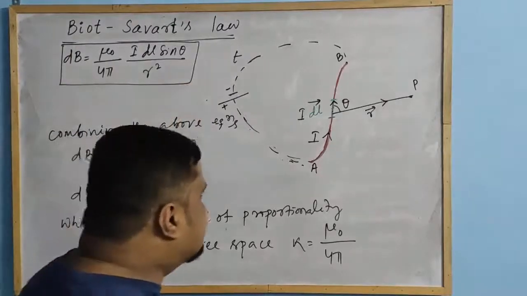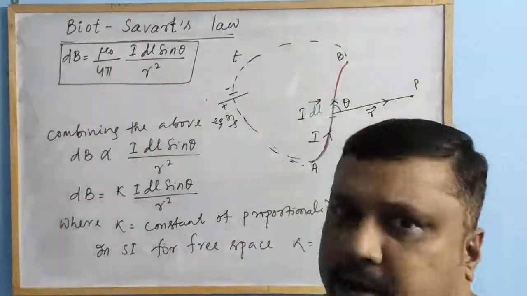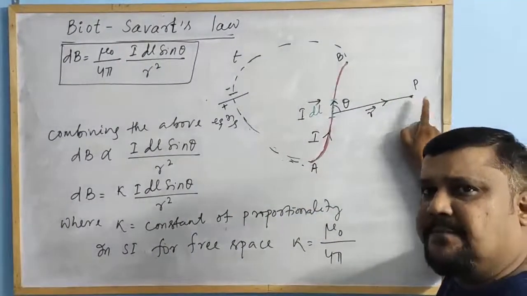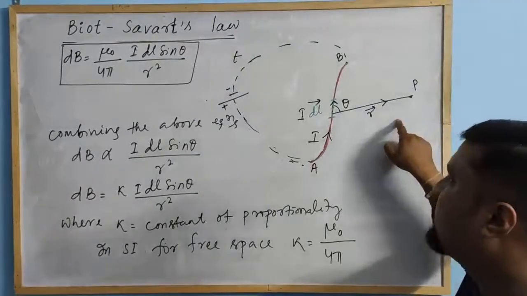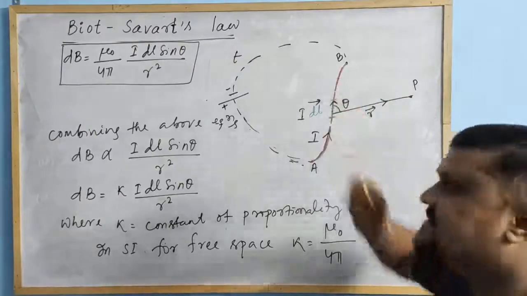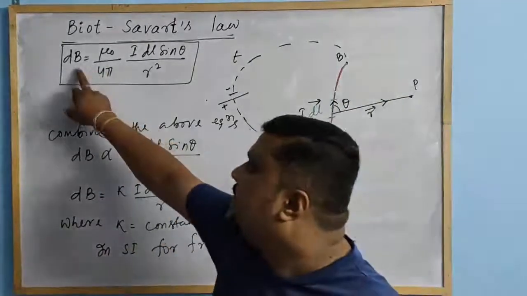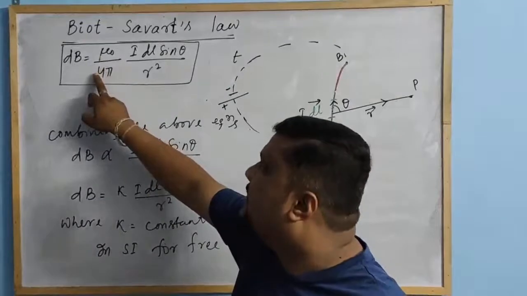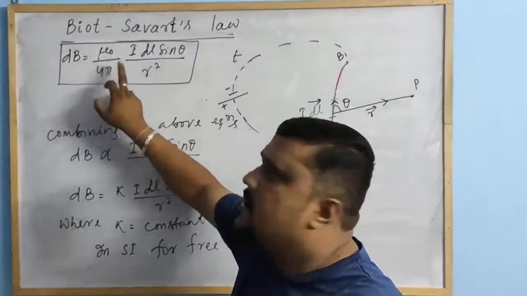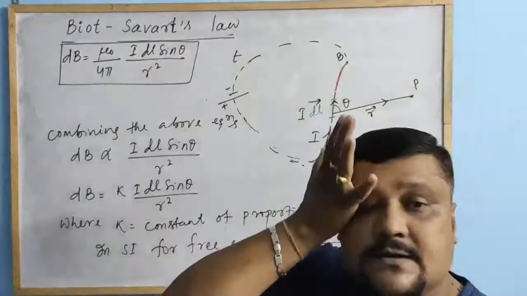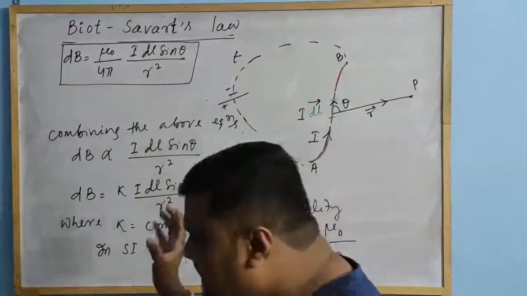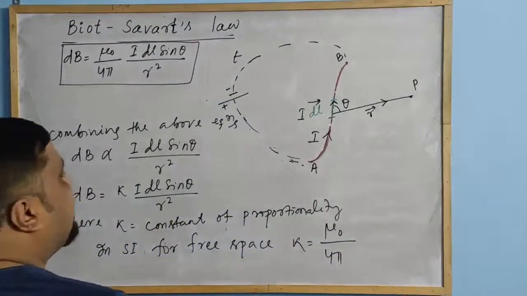According to Biot-Savart's law, the magnetic field at the point P due to the current element I dl is dB equal to mu naught by 4 pi I dl sin theta by r square. Clear? So this is the magnitude of the magnetic field.